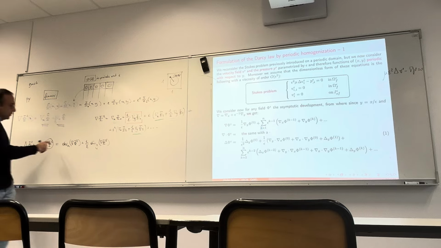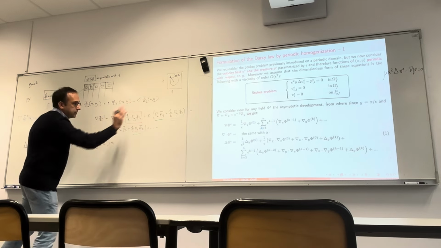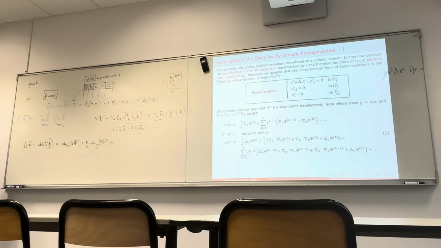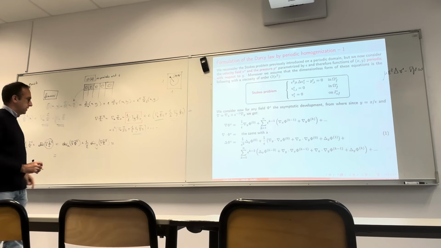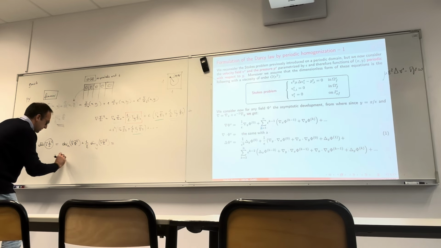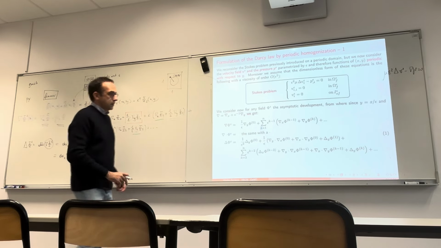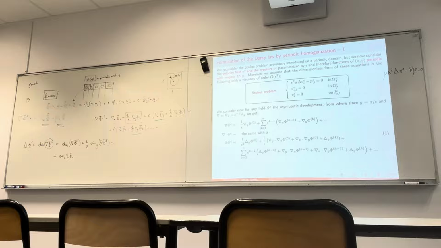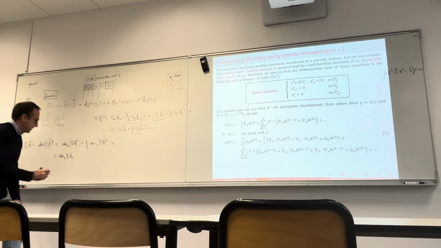And now we have to apply this divergence x and this divergence y to this whole sequence of terms. So what do we have? Divergence x of that is divergence x of gradient x of phi naught. Term by term, nothing special.